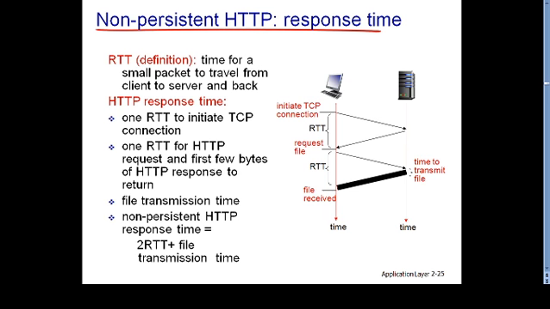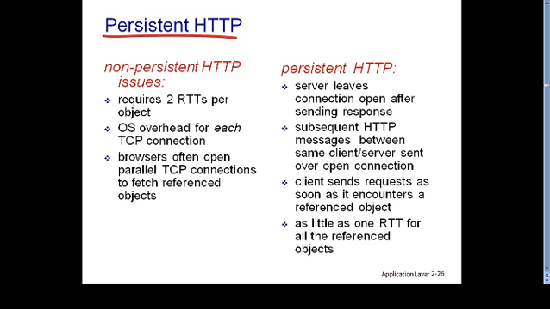So in that case, there's one more HTTP connection that is called a persistent HTTP connection. As I told you earlier as well, the server leaves the connection open after sending the first HTTP response.